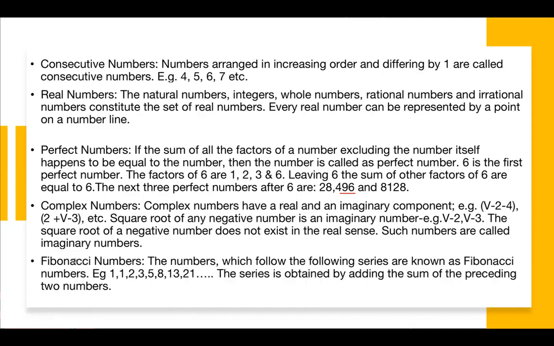See, these Fibonacci numbers are those numbers obtained by the sum of the preceding two numbers. I have taken an example like 1, 1, 2, 3, 5, 8, 13, 21, and so on.